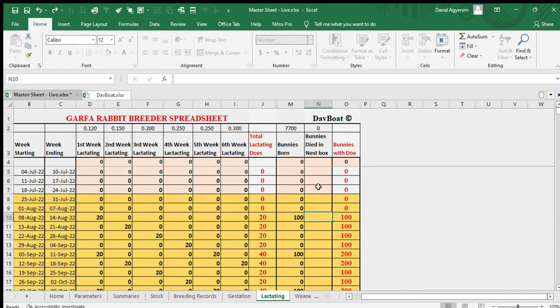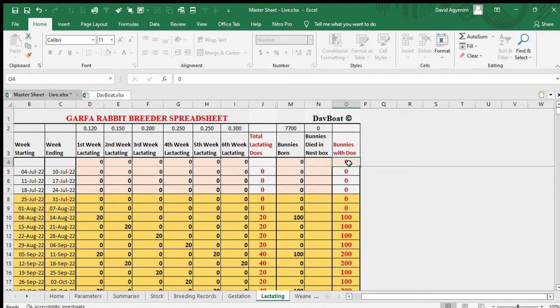So maybe this week you had 100 births but you lost 10, you put it there, so you only have 90 with the doe here.